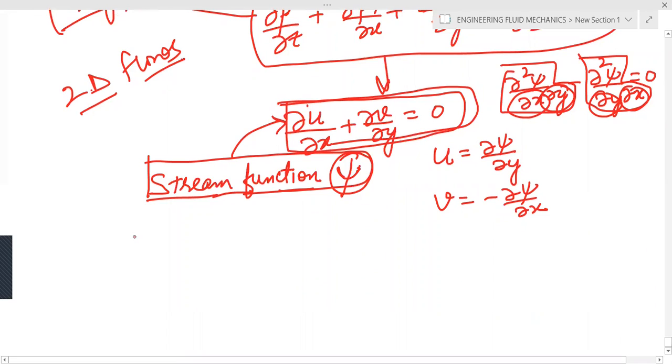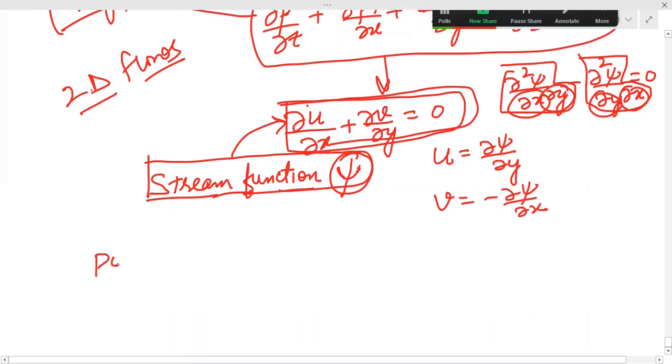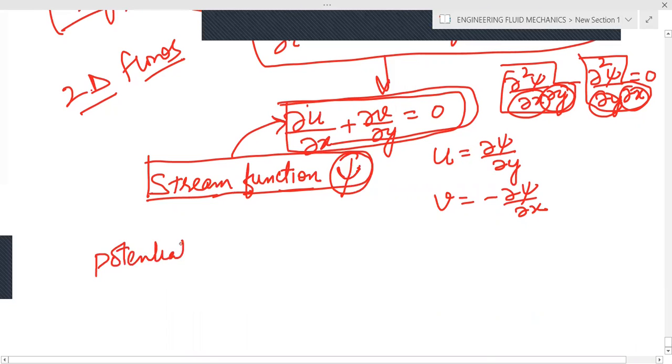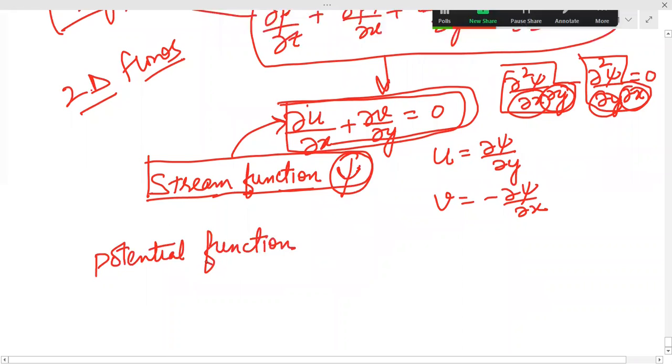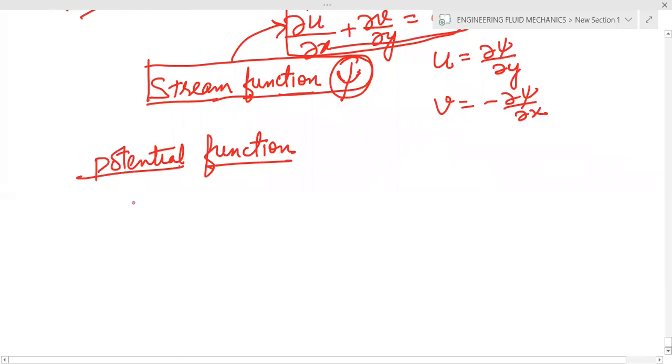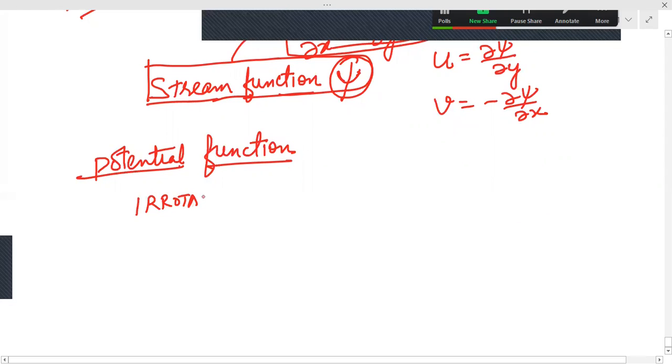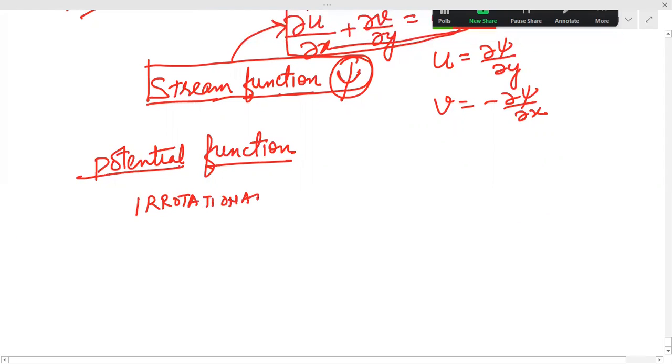Now I'm coming to another function that is important in potential flows, that is called the potential function. So if you remember, in potential flows, the flow should be irrotational and inviscid.